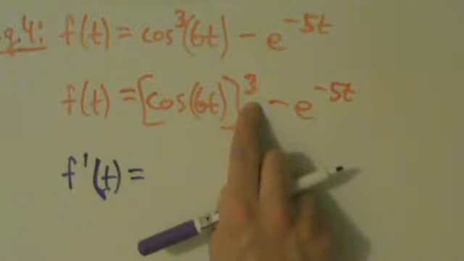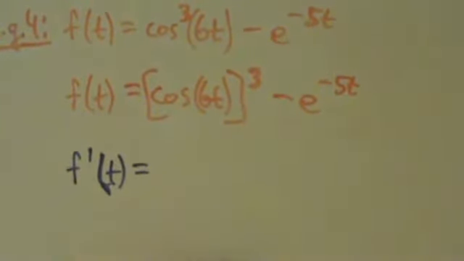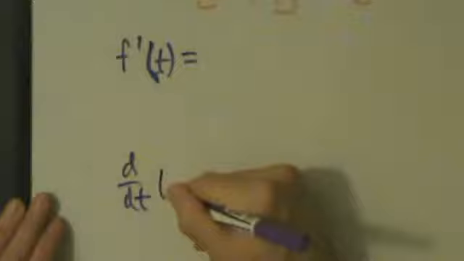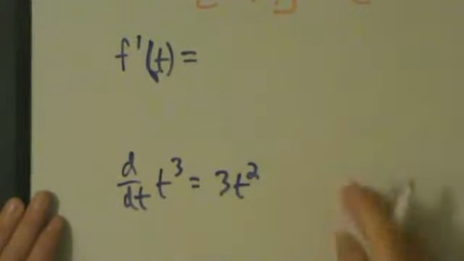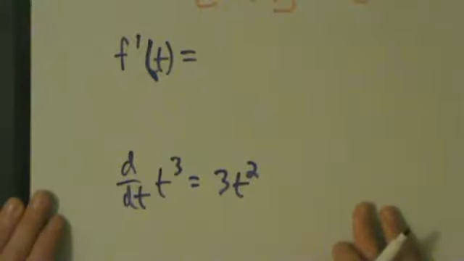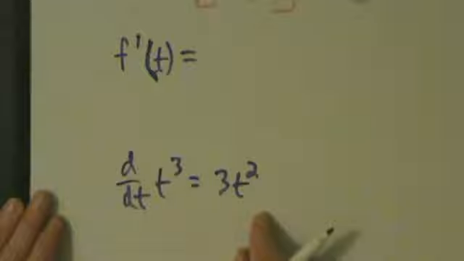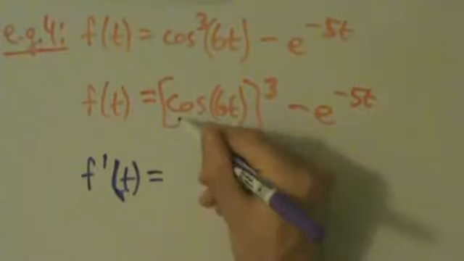So the derivative of that, if we just have t cubed, then the derivative is 3t squared, right? But remember the chain rule says do the derivative of the big guy and evaluate it at the little guy. So what's our little guy? Well, it's this in here.